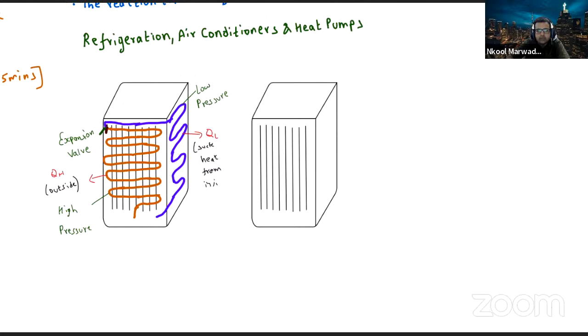Now, what benefit will I get? This blue pipe will suck heat, and the particles in it are already at low pressure.